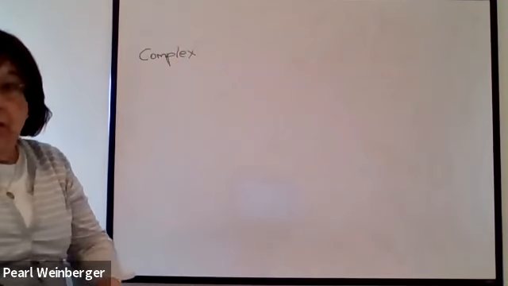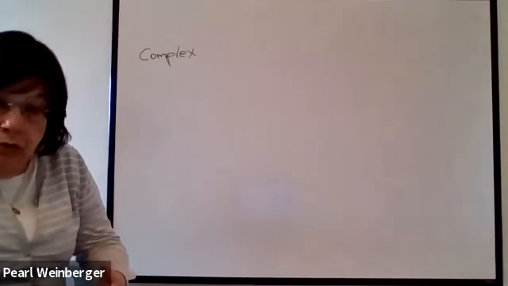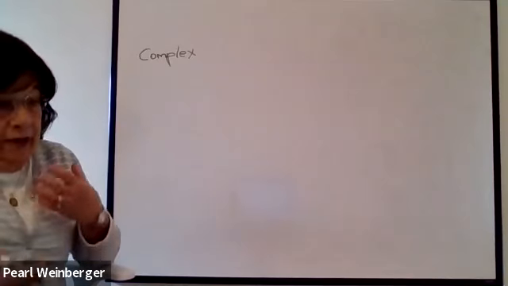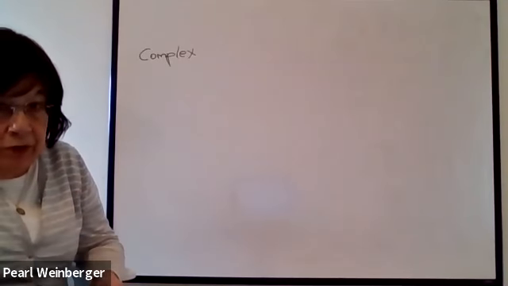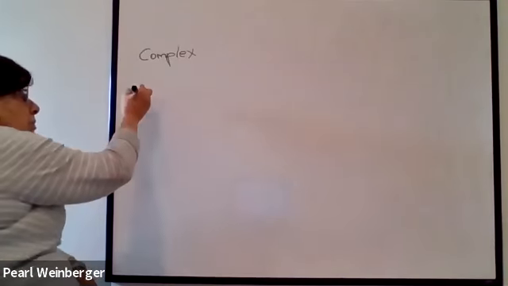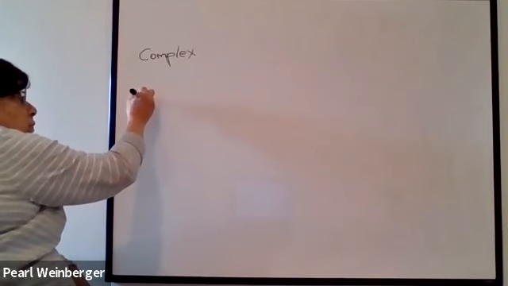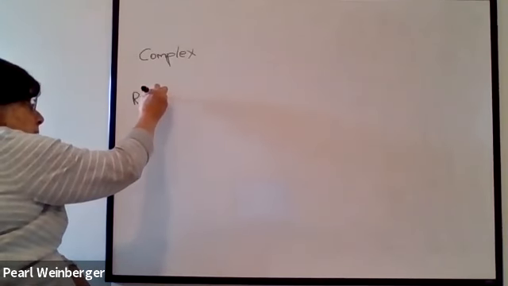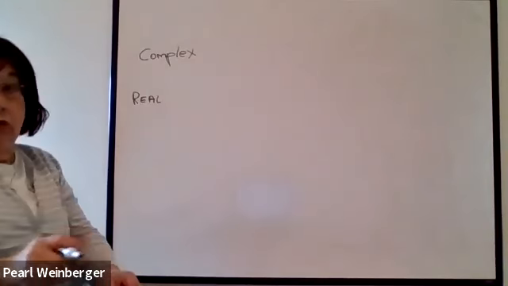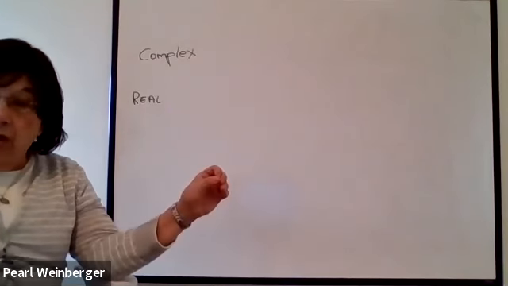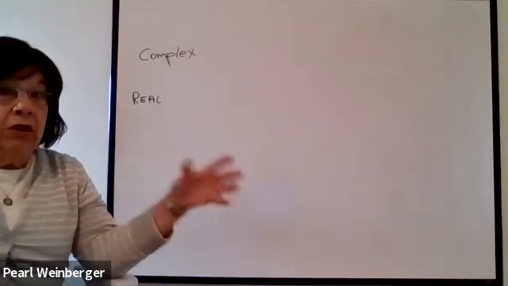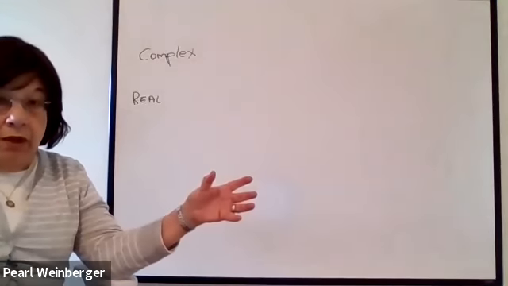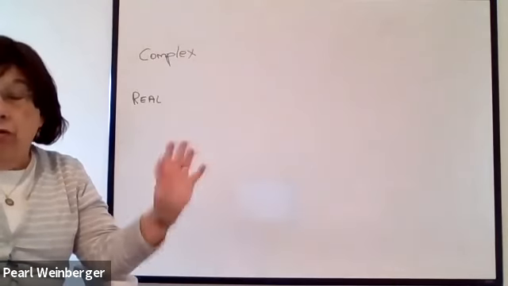And I'm going to describe what this new number system is, as opposed to the number system that we've been using until now. The number system we've been using until now is something called the real number system. When we talk about the numbers that are on the number line, all those numbers that fit on the number line are the real numbers.